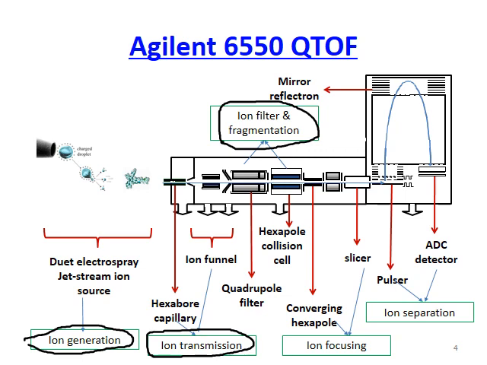After that, ions will be focused to get ready to enter the TOF. Inside the TOF, ions will be separated and at the same time detected. So this is basically the whole design of the Agilent 6550 QTOF.